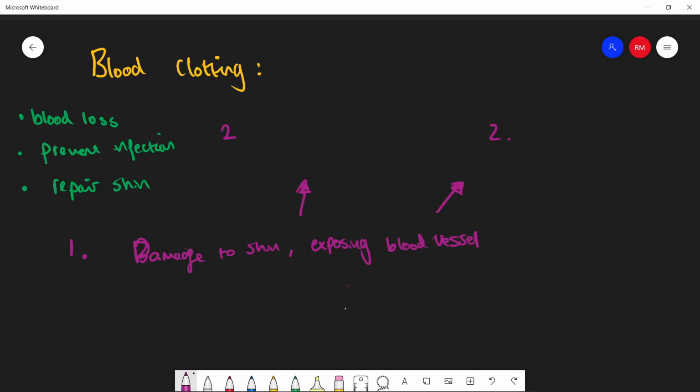So what first happens is platelets bind to collagen in the blood and release clotting factors.